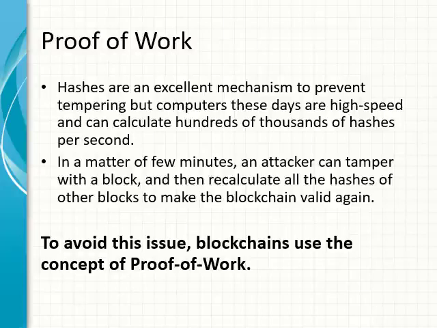Because when we change the data in a block, the blockchain becomes invalid, but the attackers can make the blockchain valid by recalculating the hash value. So to avoid this issue, blockchain uses the concept of proof of work. In coming sessions we will see what this concept of proof of work is.